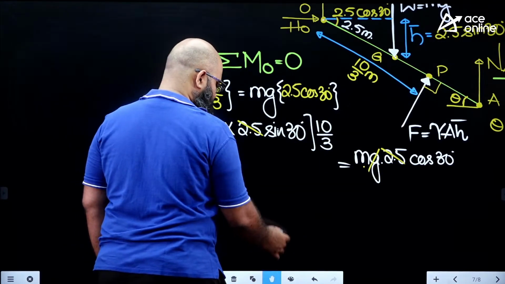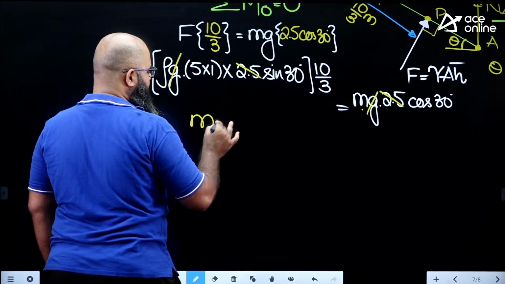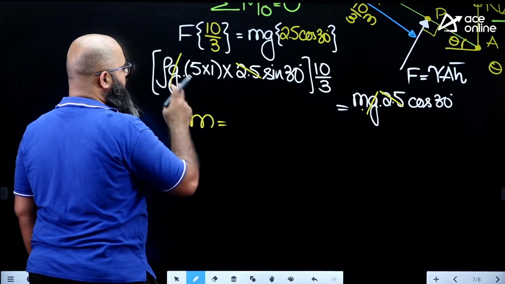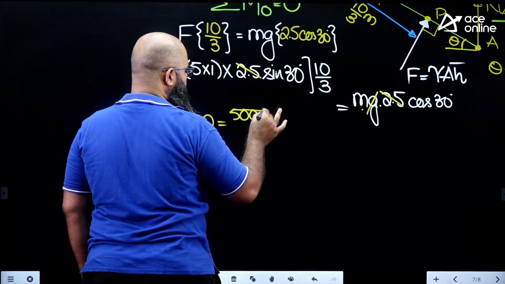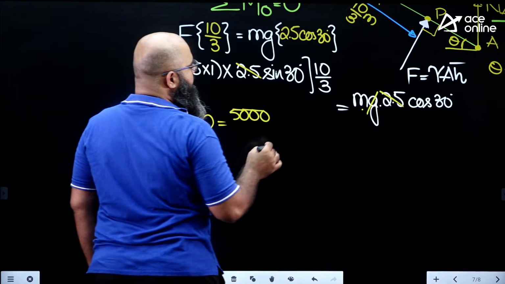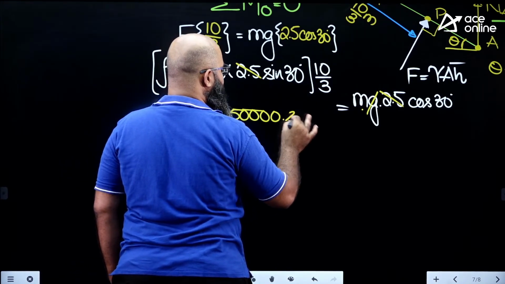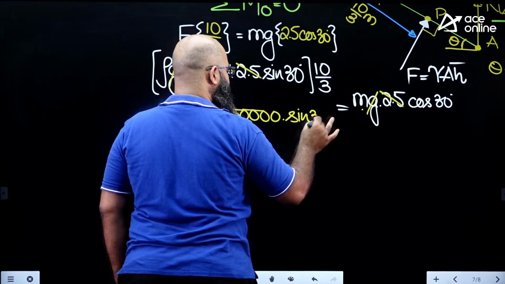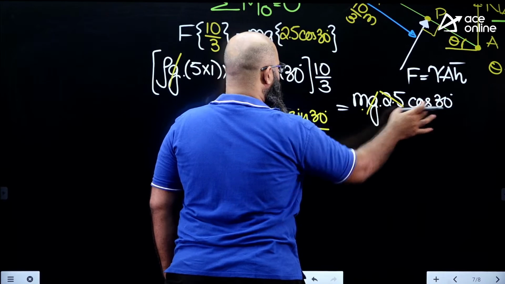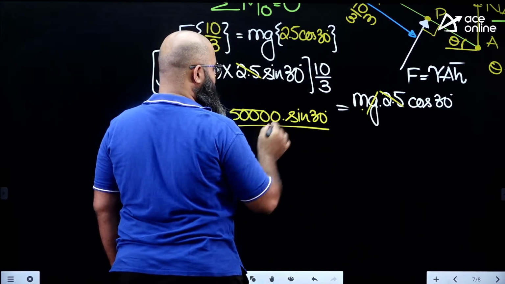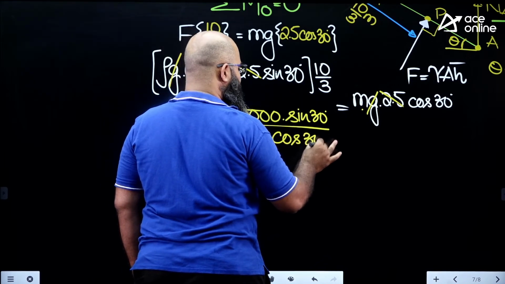So what do I get from here? The mass m is equal to 5 into rho, that is 5,000, because rho is equal to 1,000, multiplied by 10, so 50,000, multiplied by sin 30, divided by 3 cos 30, since 3 is also present, multiplied by cos 30.